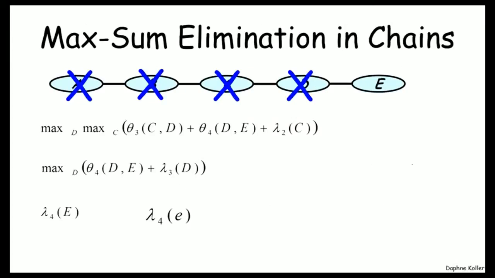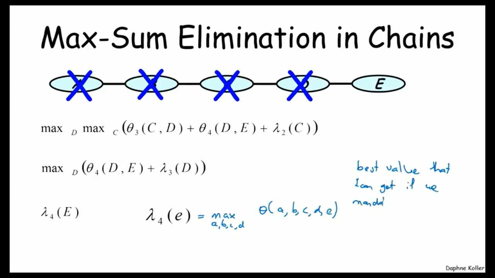Lambda 4 of little e is what we got by maximizing over A, B, C, and D of theta A, B, C, D, and E. So this is the best possible assignment, the best value that I can possibly get, if we mandate that E equals little e.